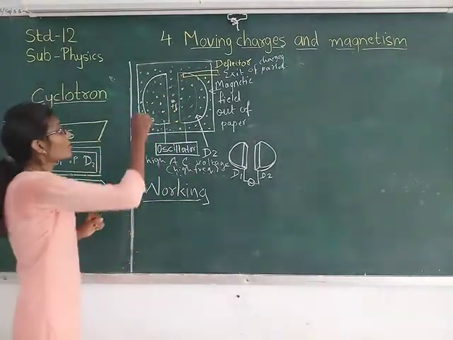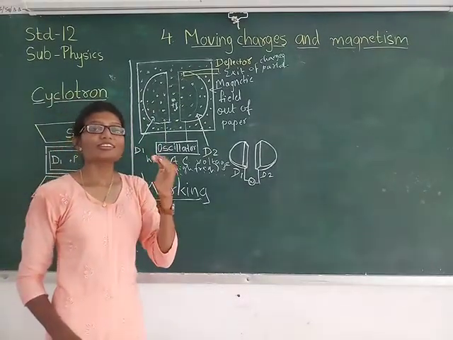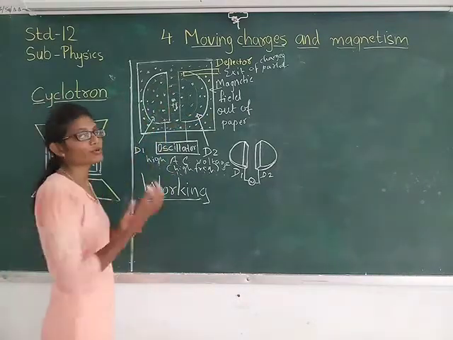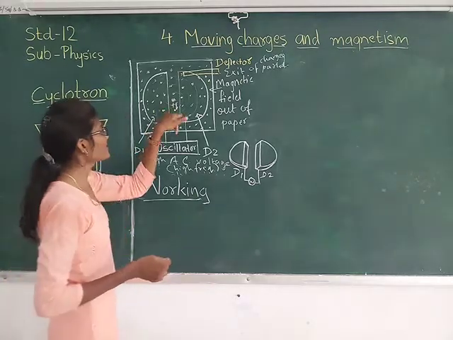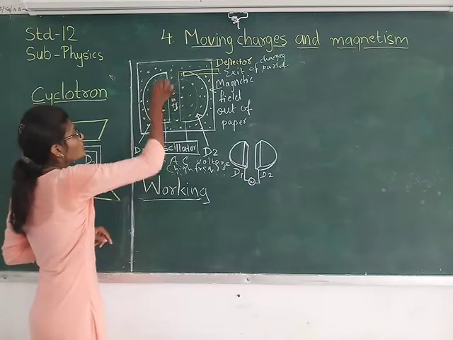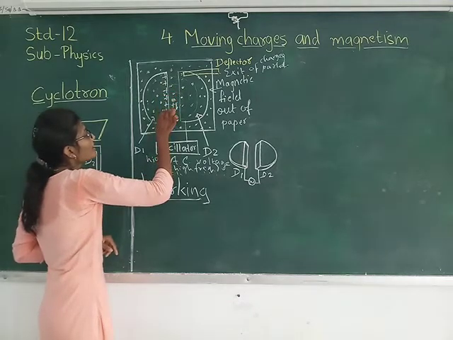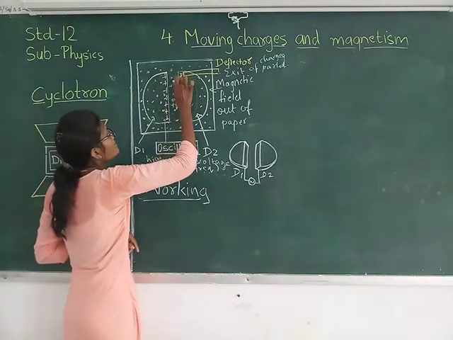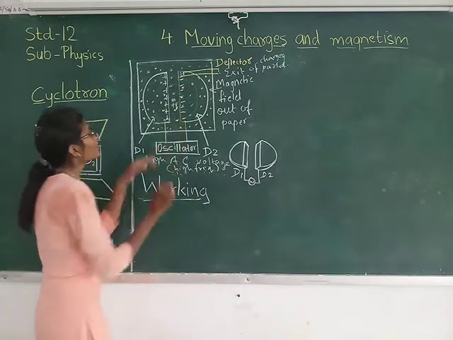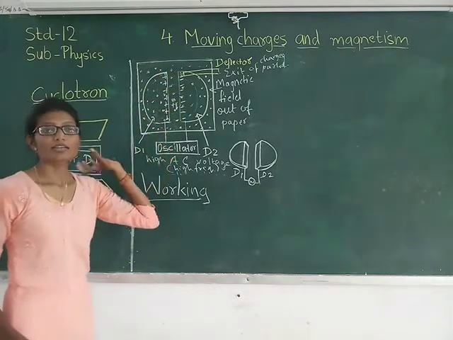Now see what happens. First of all, let us start with the charged particle that is injected from this source, right, that comes out of the source, and let that be a proton. Here that is a plus q charge. Now see, because the oscillator is connected, let us say that here at the edges a potential difference is created like this, because it is connected to the supply, right?